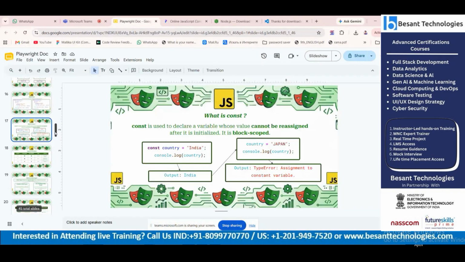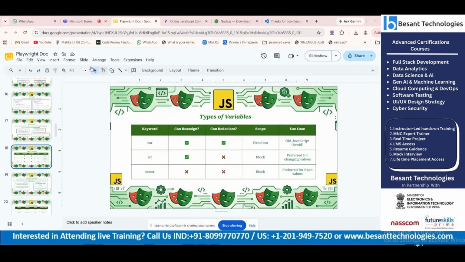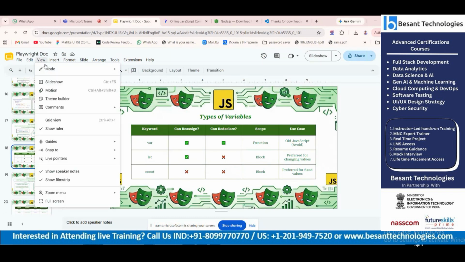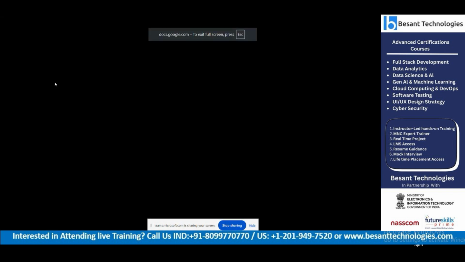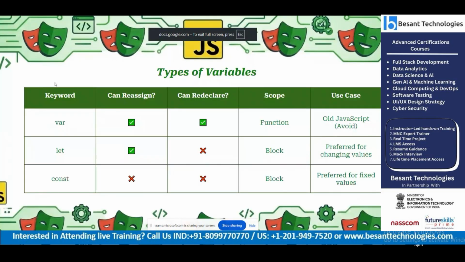Okay, I think now we are going to summarize the things we saw till now. Basically, these are the types of variables we have in JavaScript, guys: var, let, and const. As I already told you, var can be reassigned. Let can also be reassigned, but not fully; it is based on the block, as I showed you.